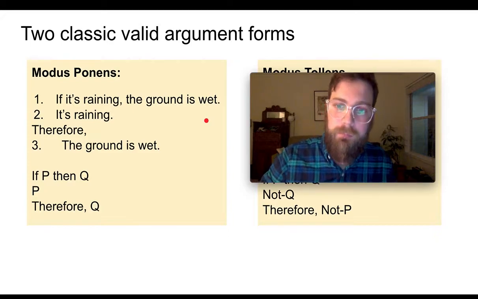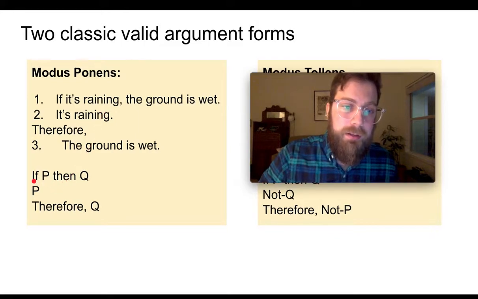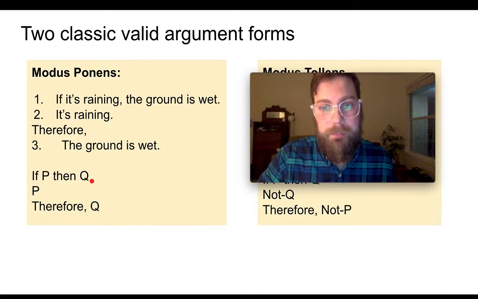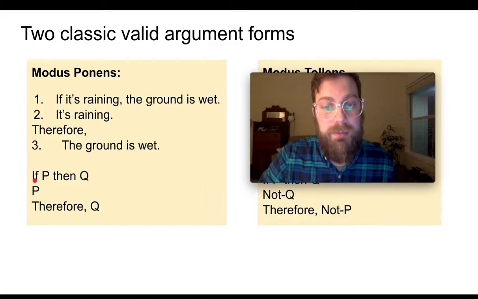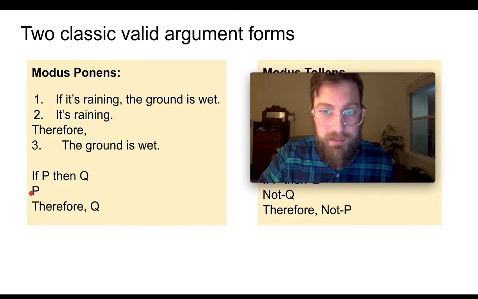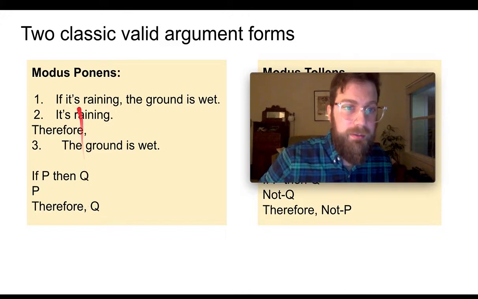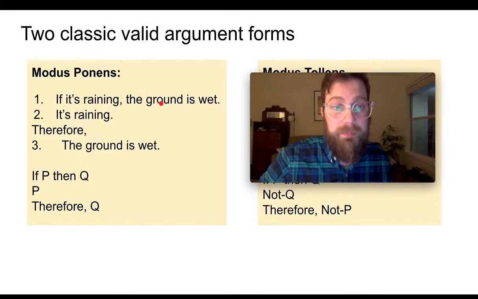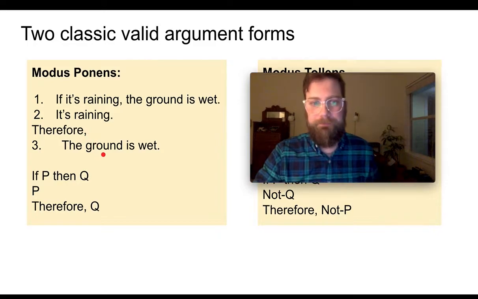Well, we can get an argument out of it by stating if P then Q, then we say P, right? So we state the conditional, and then we simply state the antecedent. Well, that's enough to get us a conclusion of the consequent. So we say if it's raining, then the ground is wet. It is, in fact, raining. Therefore, the ground is wet.